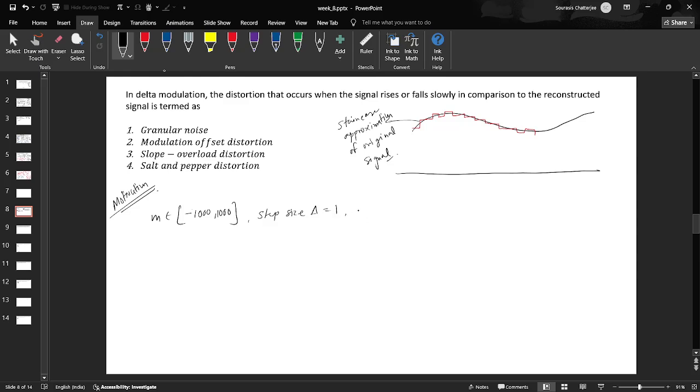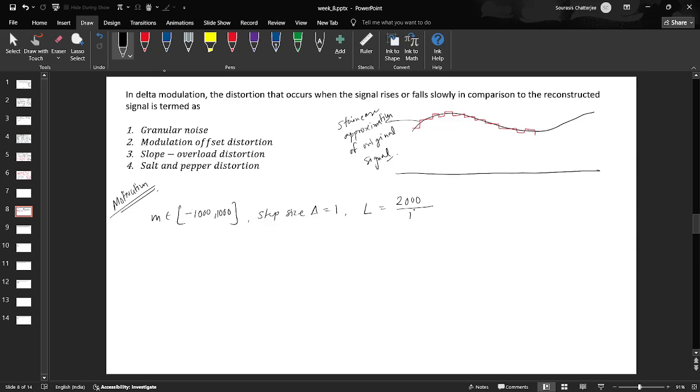So how many quantization levels do we need here? We have already talked about it: it's 2m over delta, where 2m is the dynamic range. The dynamic range here is minus 1000 to 1000, so that is 2000, and L is the dynamic range divided by the step size. Step size is 1, so you need 2000 levels in your quantizer.